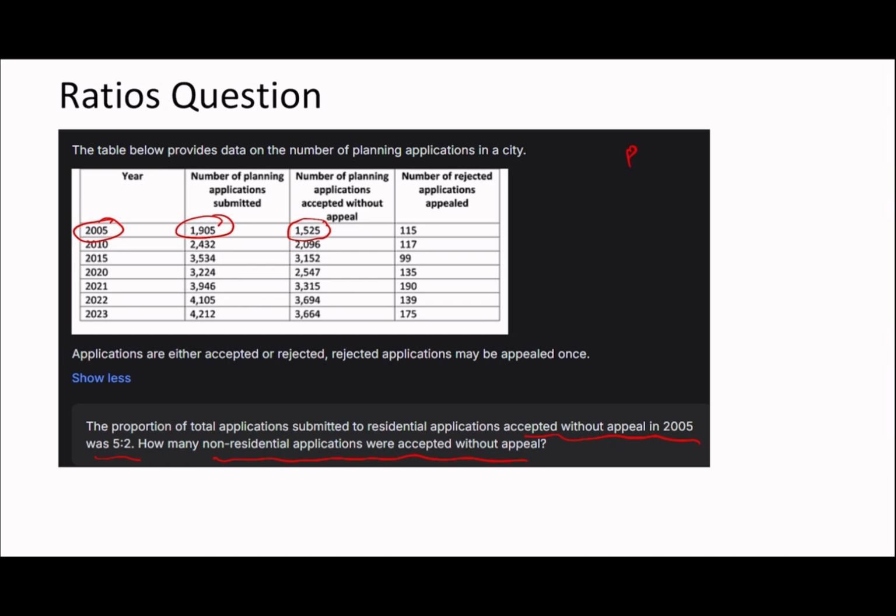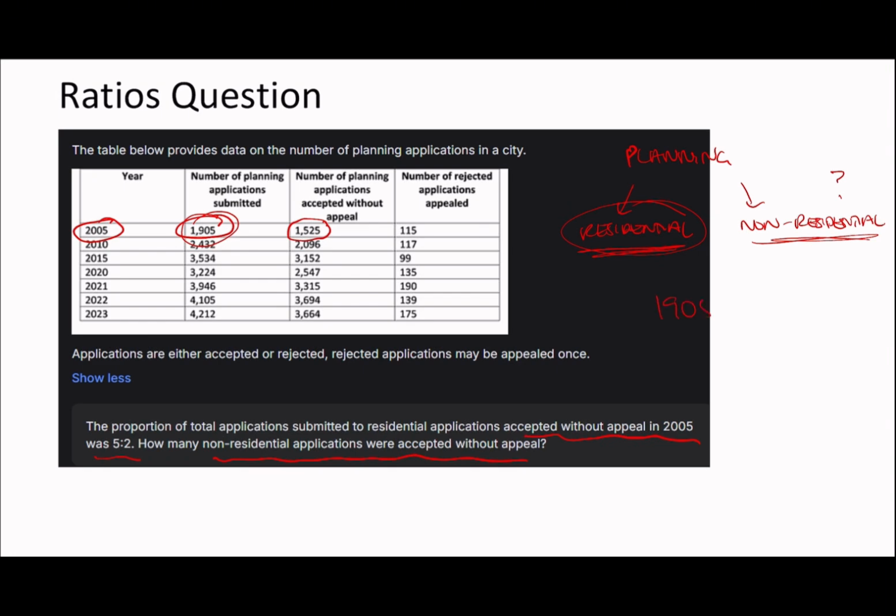The idea here is you've got planning applications, and planning applications can be residential or non-residential. They're saying that the proportion of total applications submitted, this number, compared to this one is 5:2, and they're asking us for how many this one is.